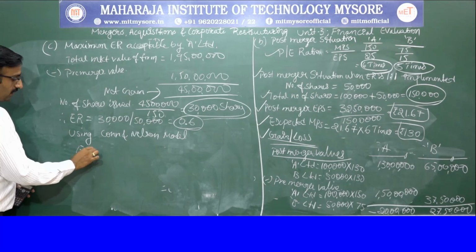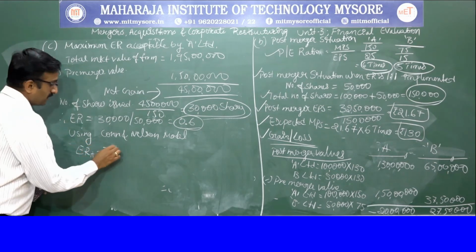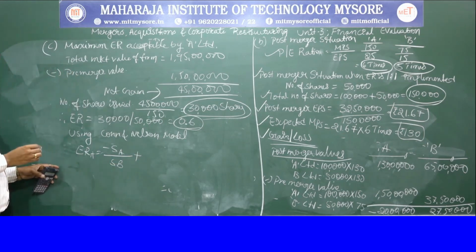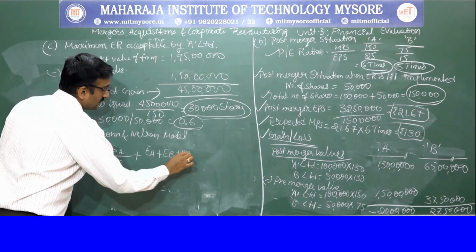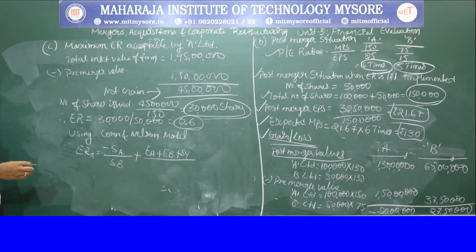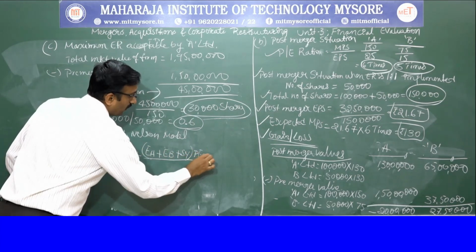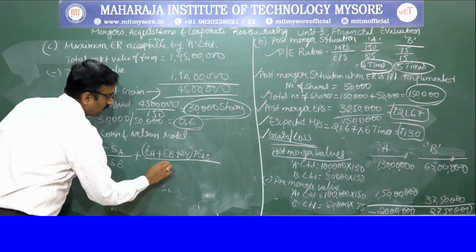That is ERA, apply the formula: minus SA divided by SB plus EA plus EB plus synergy into PE of AB divided by PA and SB.